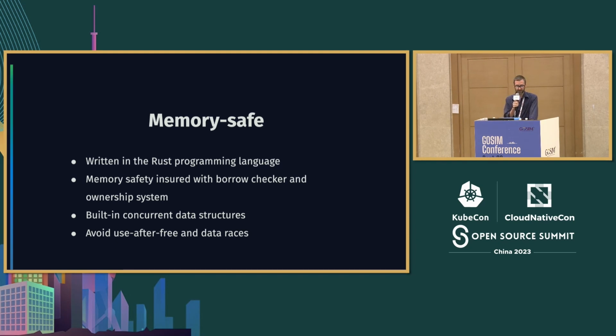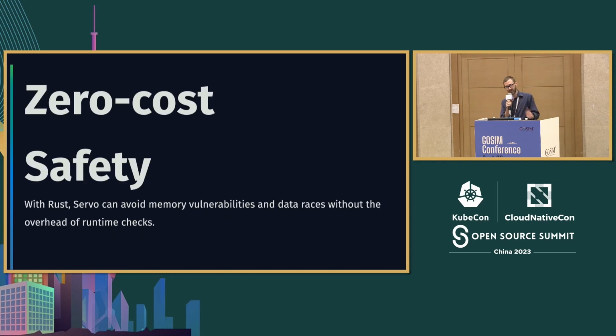We get that for free. We get to avoid use after free errors and data races. And we get this at 0 cost. If you're familiar with Rust, you know that Rust gives you all these things without the overhead of a garbage collection, and in many cases, you can avoid reference counting. So I think we can agree that Rust is a natural fit for a browser engine.